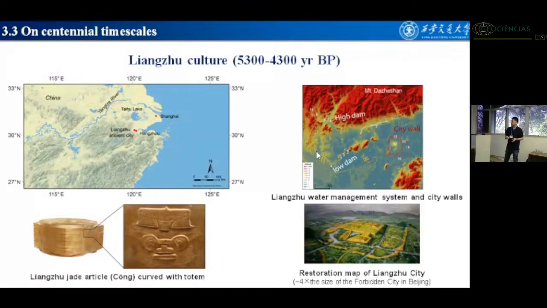This culture was really highly developed. It had a very large water management system with high and low dams, and also city walls, a very high level jade artifact industry, and also famous rice.